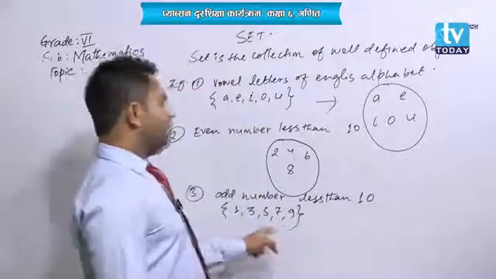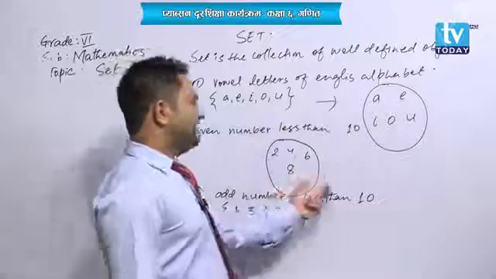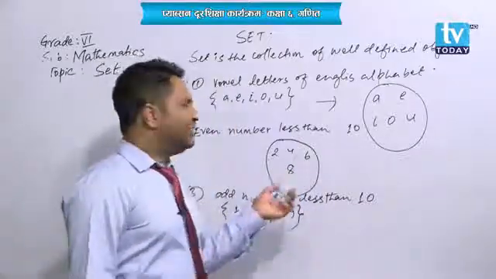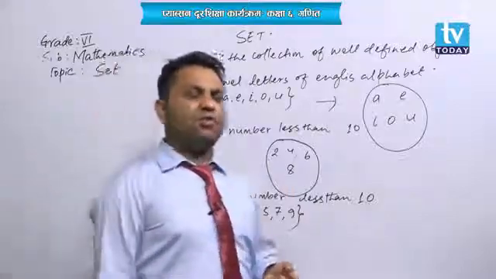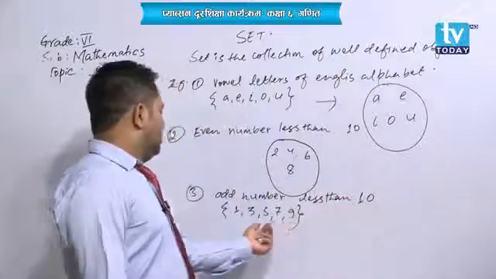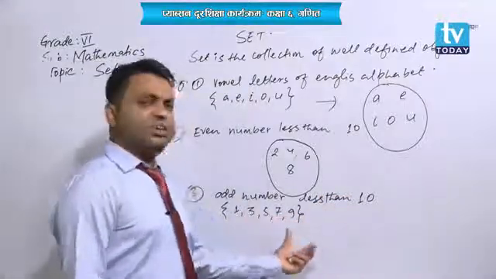These are the odd numbers less than 10. These are some examples of set. Set means it's a collection of well-defined objects.